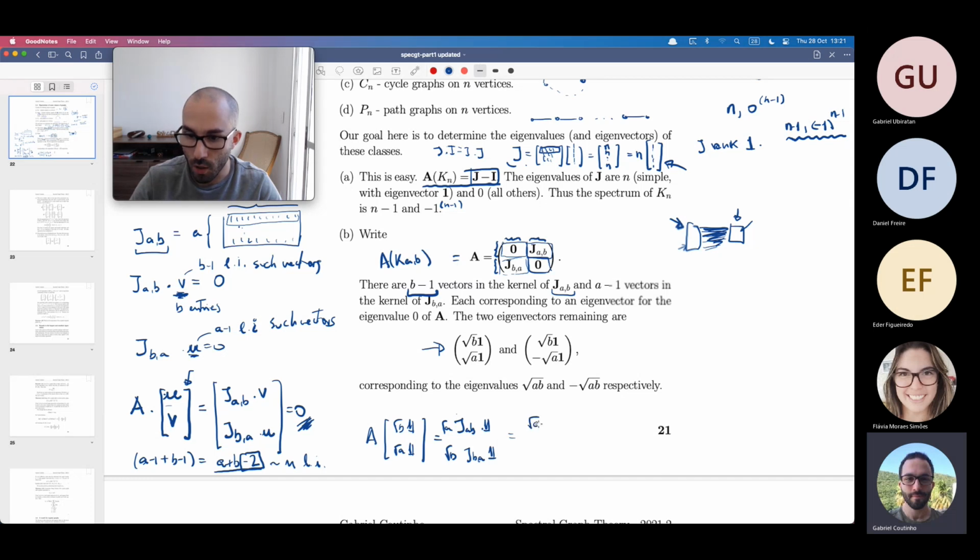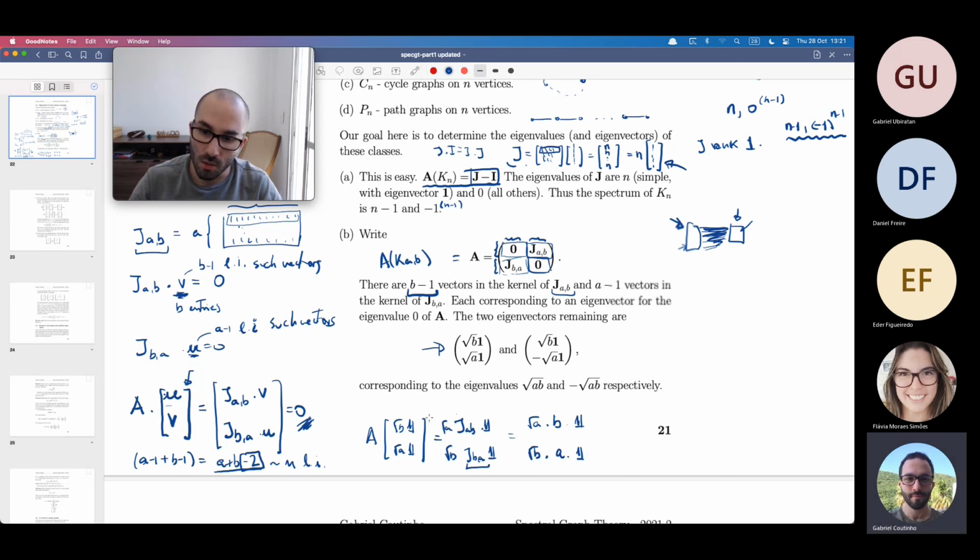So on the top, I'm gonna have square root of A. Now, JAB, each row has B ones, and I'm summing the number of ones in each row. So here I will have B times the all ones vector, and on the bottom I have square root of B. Each row in JBA has A ones, and I'm summing the number of ones. So I have A times the all ones vector.